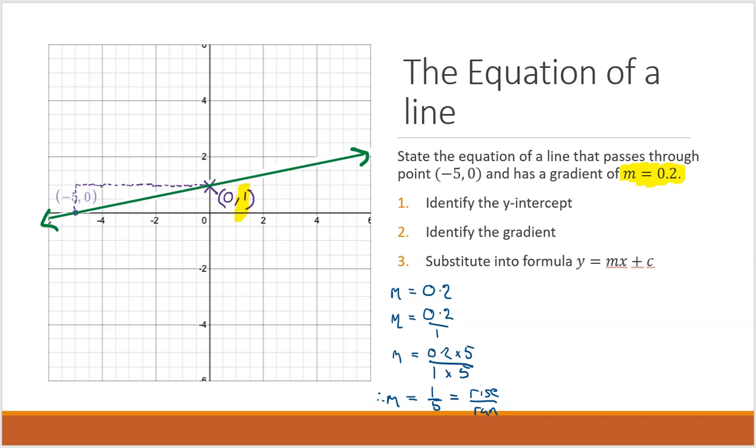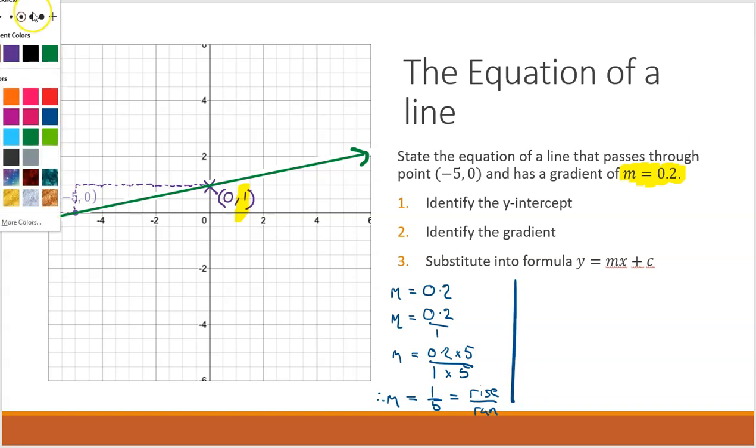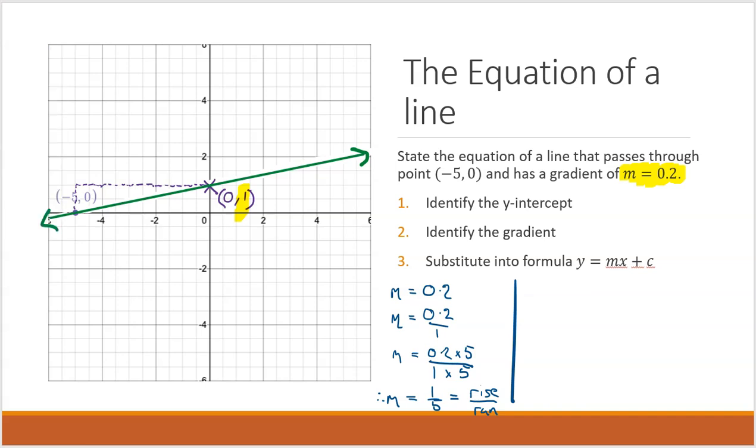So what we can do to substitute the values into the formula is we can say y equals mx plus c. Our c value is this guy here. Our m value is this guy here. So we can simply write 0.2x plus 1.